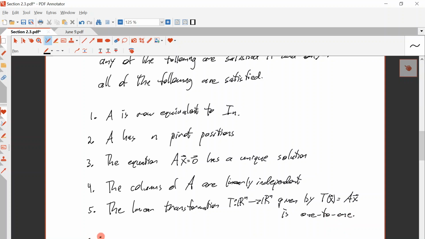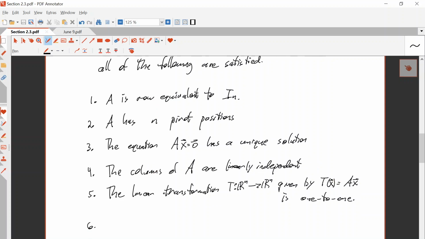Right, well, in section 1.9, when we talked about 1-to-1 and onto, the matrix transformation is 1-to-1 if and only if it has a pivot in every column. If you have n pivot positions and you have n columns, then you have to have a pivot in every column. Similarly, these two are logically equivalent, 5 and 2, and therefore 5 is logically equivalent to the rest. 6. The linear transformation, so just copy it.